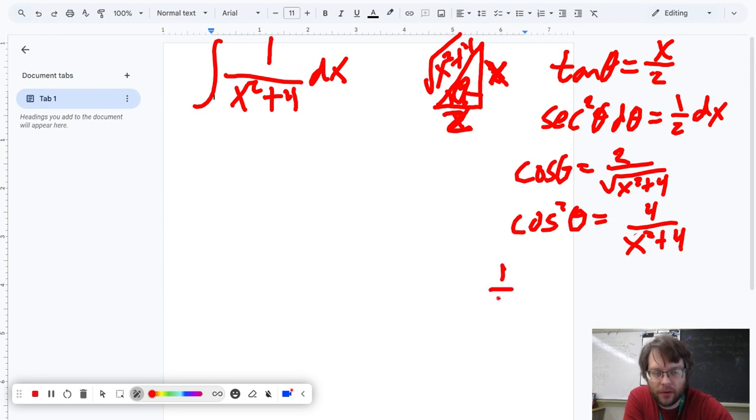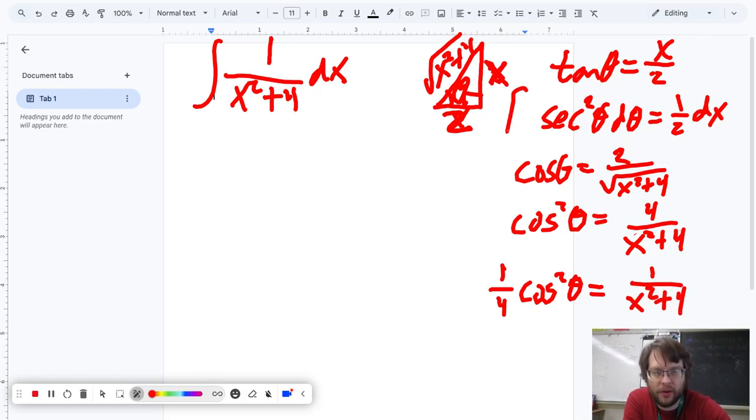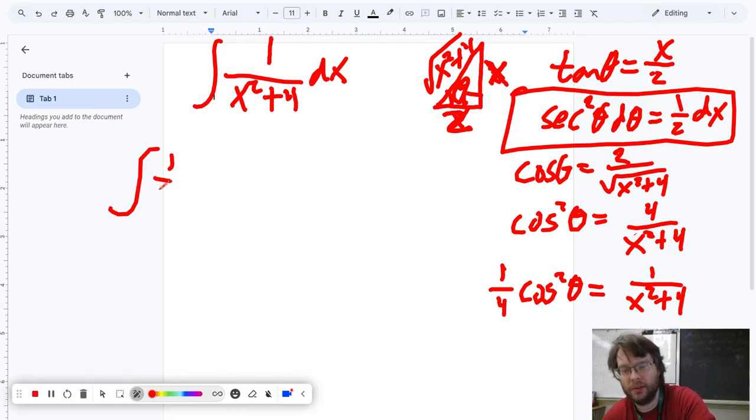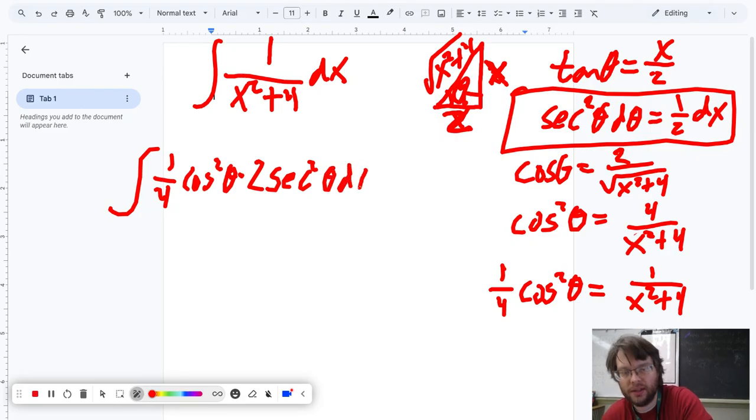So now I know that 1/4 cosine squared theta is the integrand. And I also know that 2 secant squared theta d theta is equal to dx. So my original integral can be replaced with 1/4 cosine squared theta, and then my substitution for dx is 2 secant squared theta d theta.